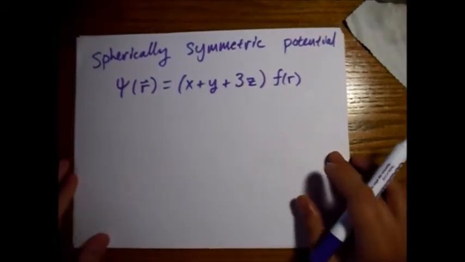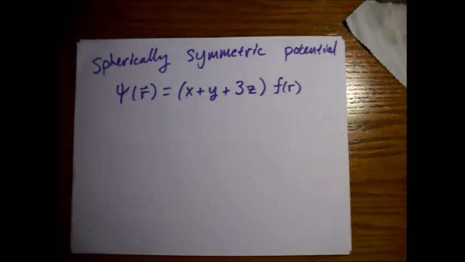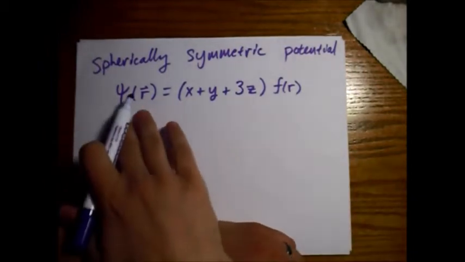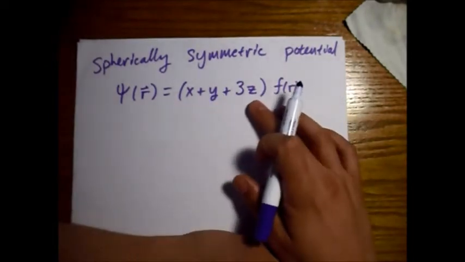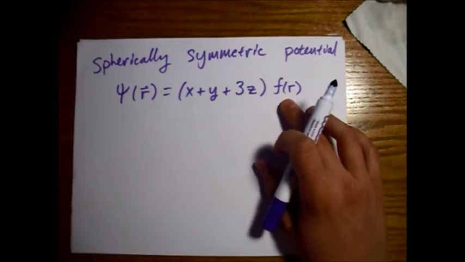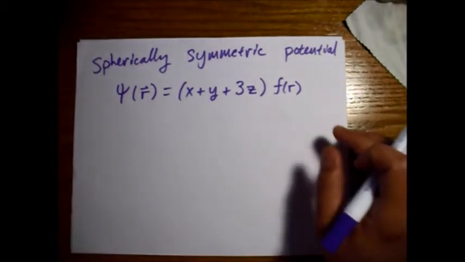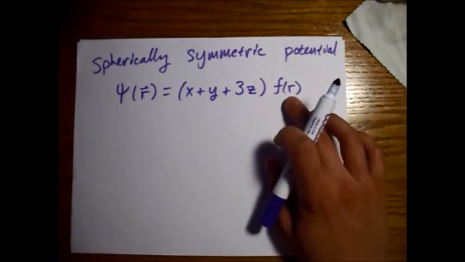Right, so we'll be looking at a particle in a spherically symmetric potential with the wave function given by this right here: x plus y plus 3z, multiplied by a radial part, which only depends on the radius.